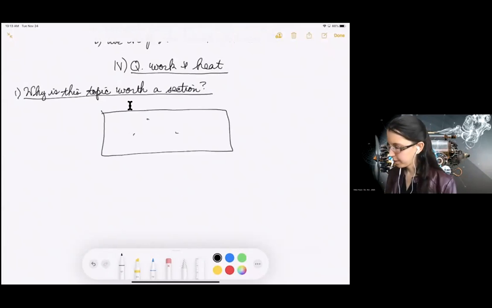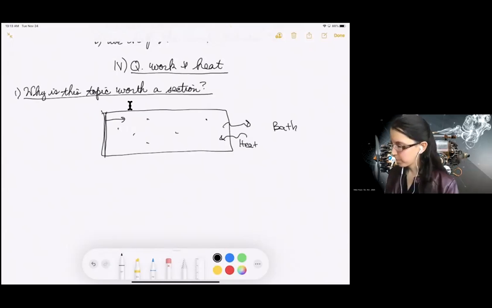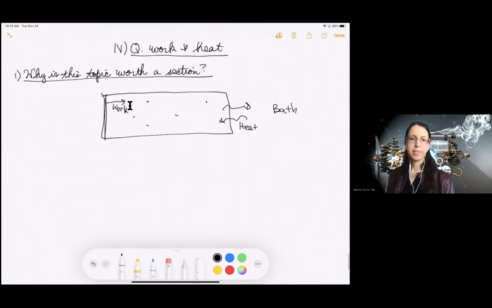We have our gas here. We have a piston. We have an exchange of heat with the bath. This piston is compressing the gas, so we expect this to perform work. How much heat and how much work? We need to be able to define these quantities and measure these quantities.